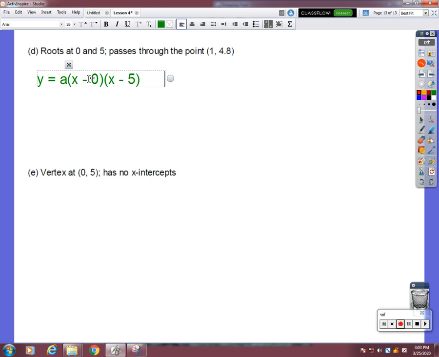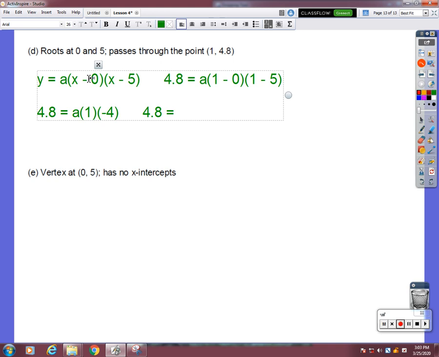And then if I plug in 4.8 for y, and I plug in 1 for x, then 4.8 equals a times 1 times negative 4. So then 4.8 equals negative 4a. So if I divide both sides by negative 4, I get a equals negative 1.2.